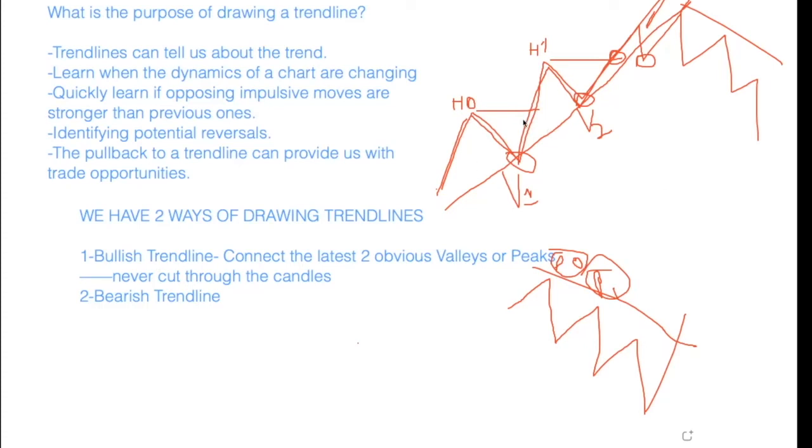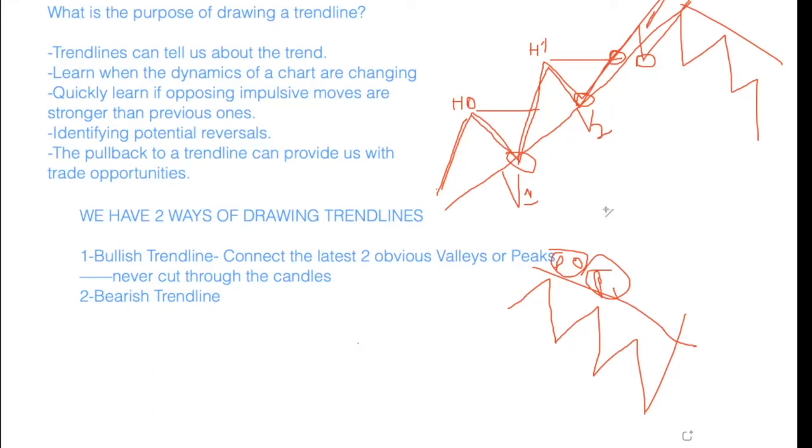Let me show you what I mean when I say don't cut the candles. Let me take another pair. If you are to draw a trend line on this pair, you don't do this.